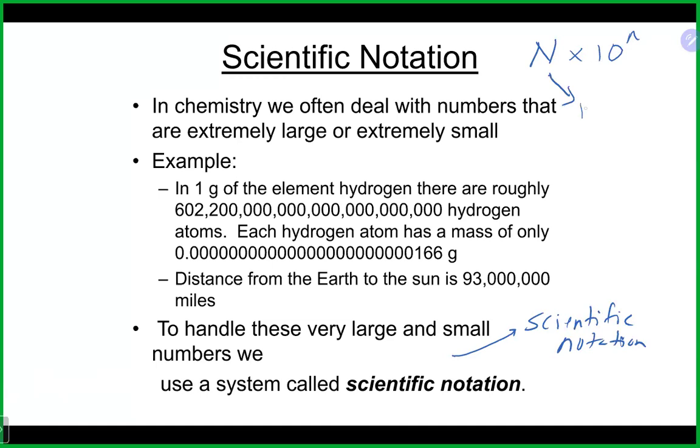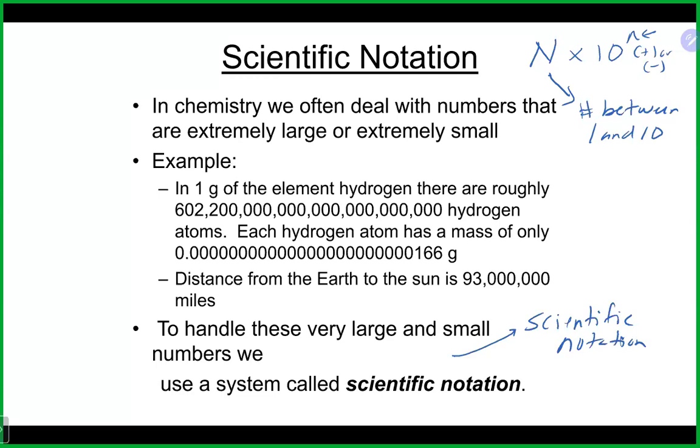N is a number between 1 and 10, usually less than 10, but it can be 1, but not usually 10 on the nose. And this little n up on top is either a positive or a negative value, depending on how many decimal places you have to move to get to a number between 1 and 10.